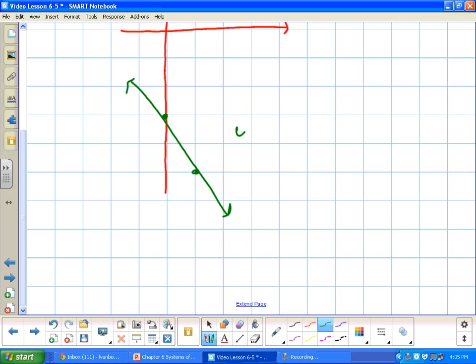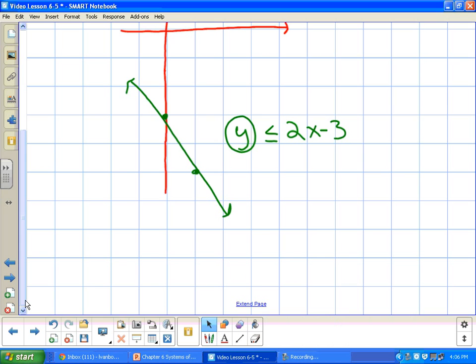Now remember, the original equation was y is less than or equal to -2x minus 3. I have to decide how to shade my line. I'm looking at all real numbers less than or equal to -2x minus 3. On my line, therefore, I shade below. Remember, less than means below.